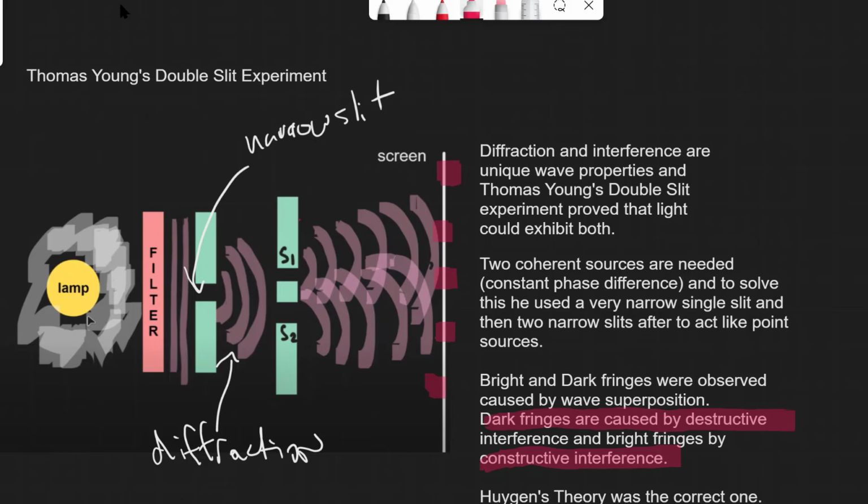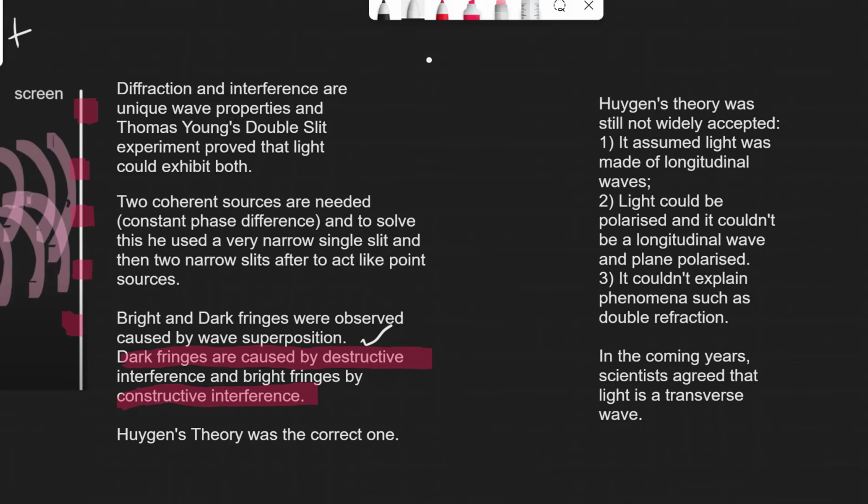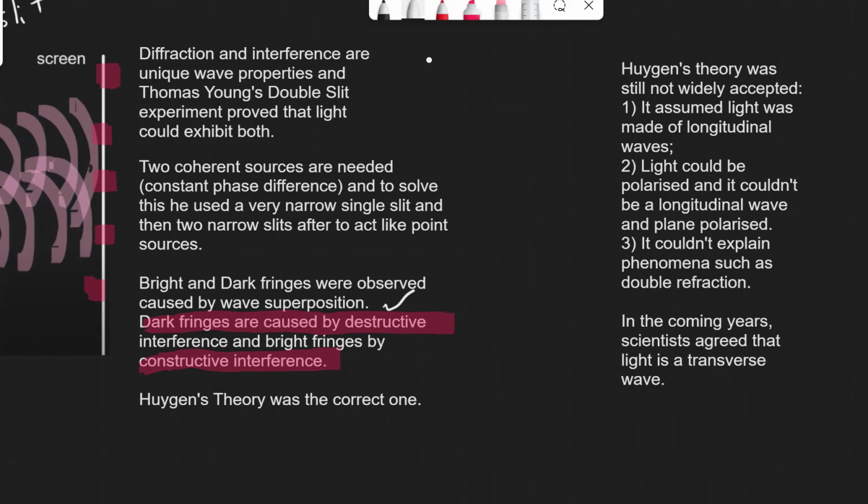So this is a pure wave-like property that has been caused by wave superposition, and Huygens' theory was the correct one. Well, even though this experiment clearly proved that light had wave-like properties, it still wasn't widely accepted.